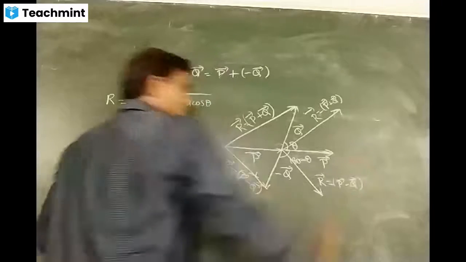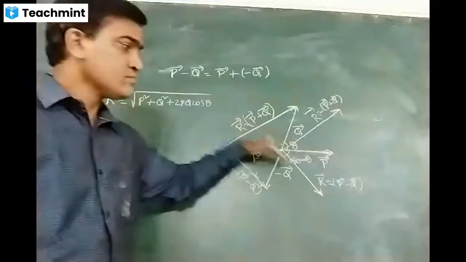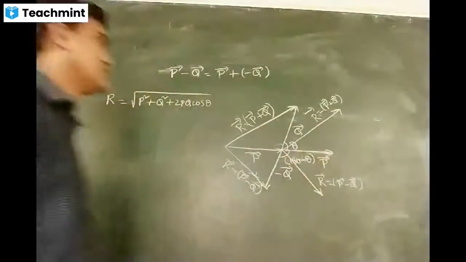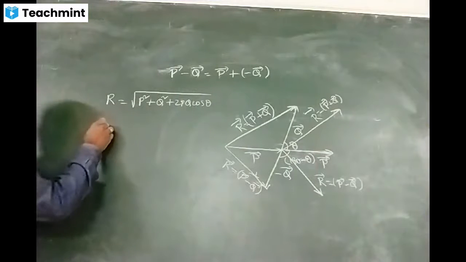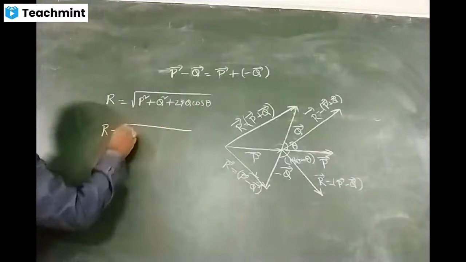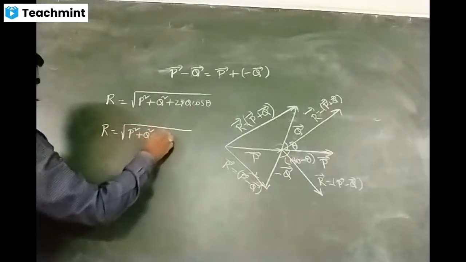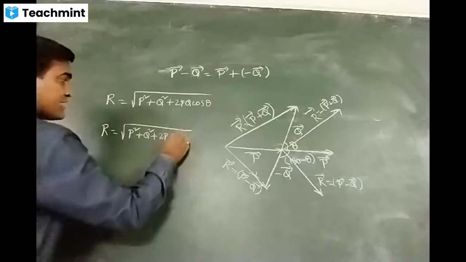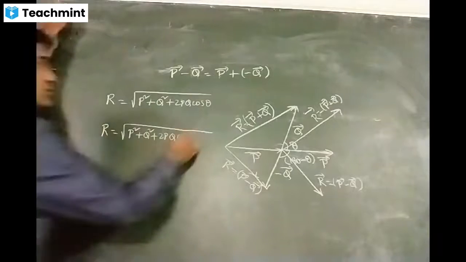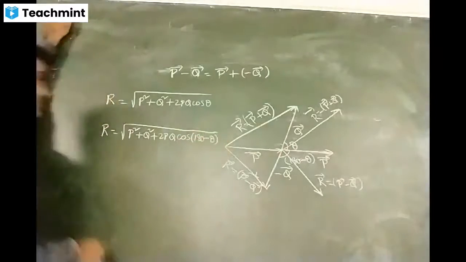Now, what is the angle between this p bar and minus q bar? 180 minus theta. So, one more resultant. For the second one, R is equal to the square root of p square plus q square plus 2pq cos of the angle, and the angle should be 180 minus theta.